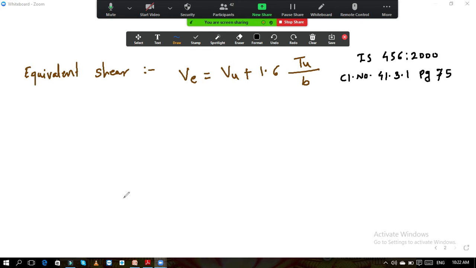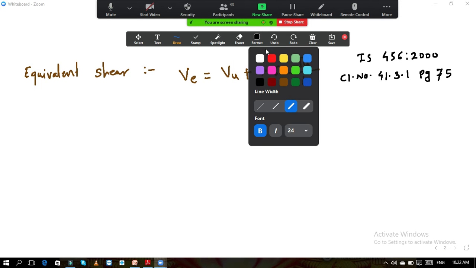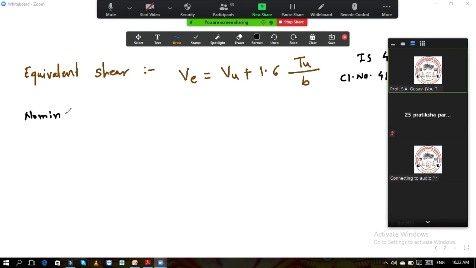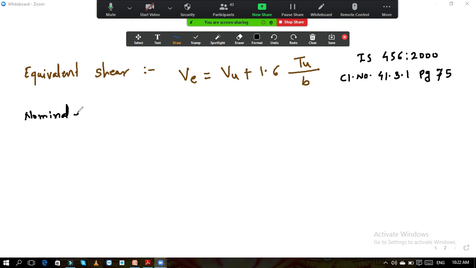Now after the equivalent shear, we will calculate the nominal equivalent shear.